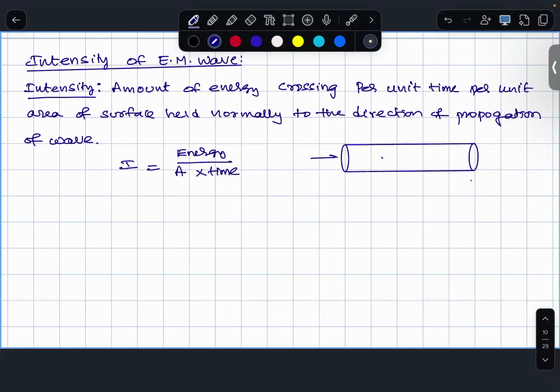Say this is of length L, and it took delta t seconds to cross this region, and the cross-sectional area of this region is A.